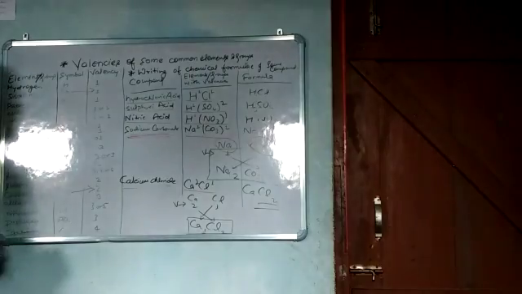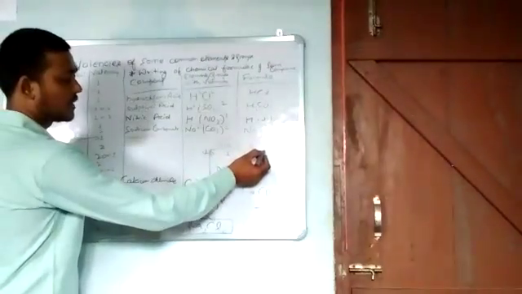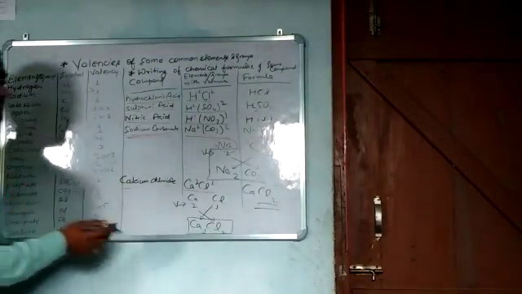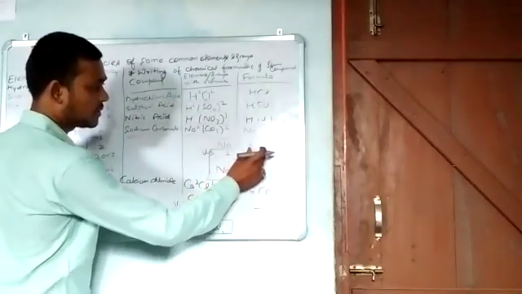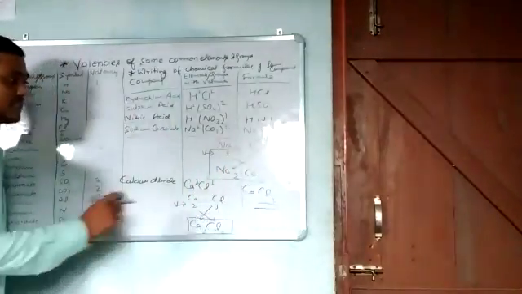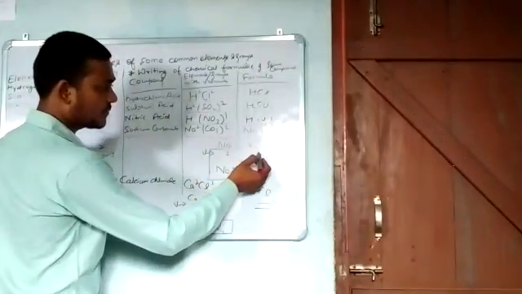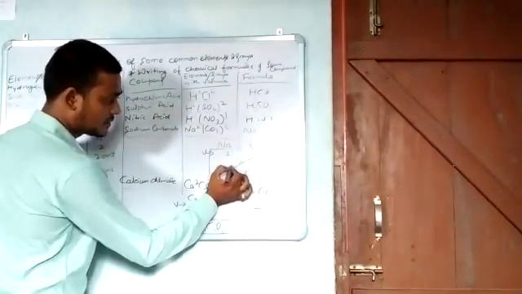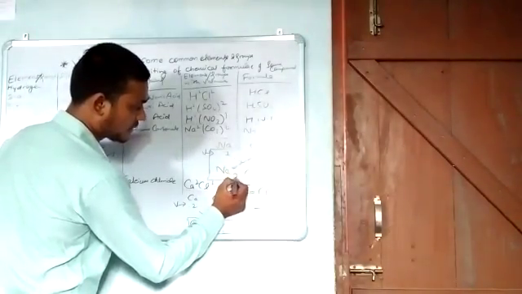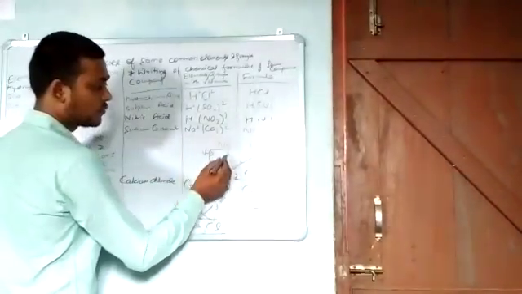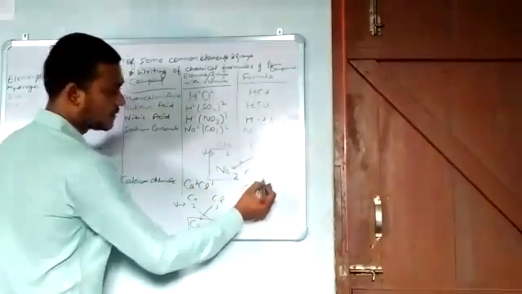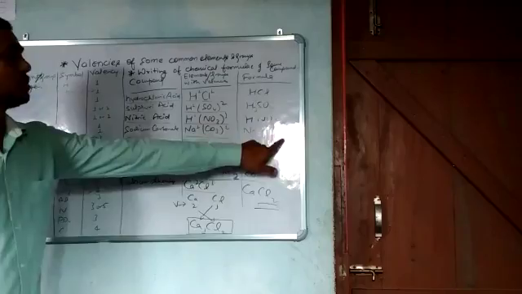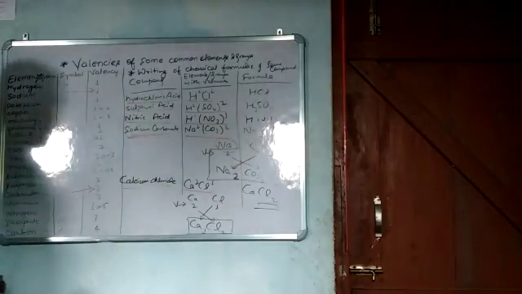So the valency of sodium is 1 and the valency of carbonate is 2. While writing the formula, we just interchange. Okay, the valency of carbonate is 2, so we put this 2 in front of sodium. And the valency of sodium, 1, is put in front of carbonate. We are not considering 1. That's why the formula becomes Na2CO3.